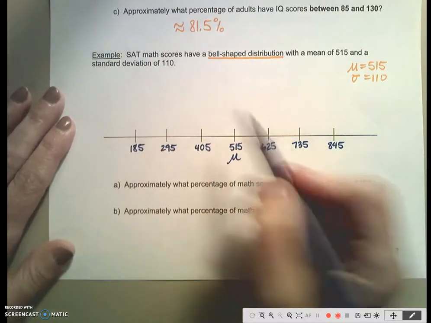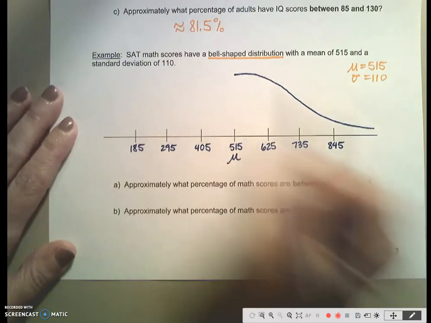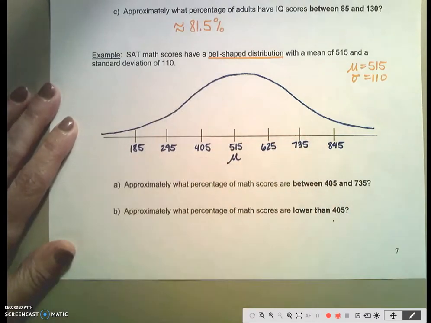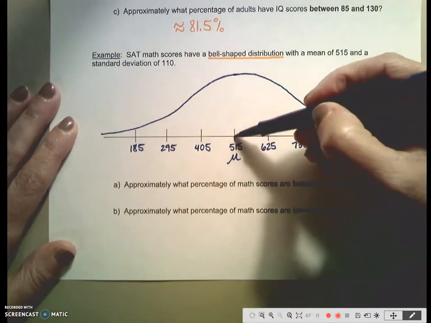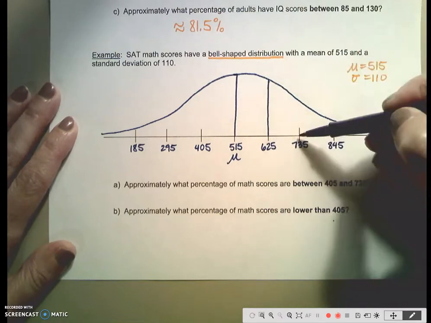Once you get all your parameters labeled, you can attempt to draw a bell curve in there. I'm not judging if yours doesn't look perfectly symmetric. Mine's not all that awesome either, and I don't even think my mean is in the center. But let's just pretend it was.